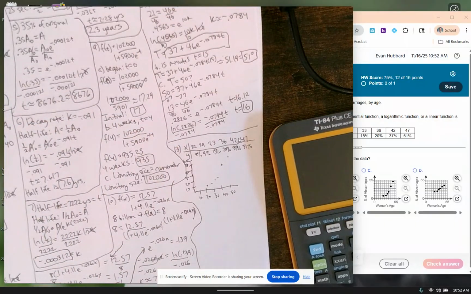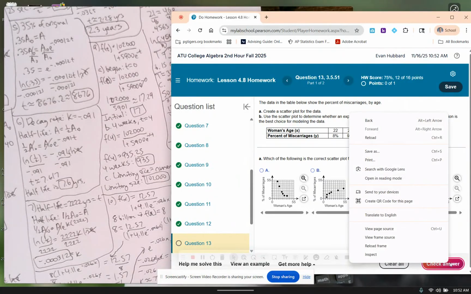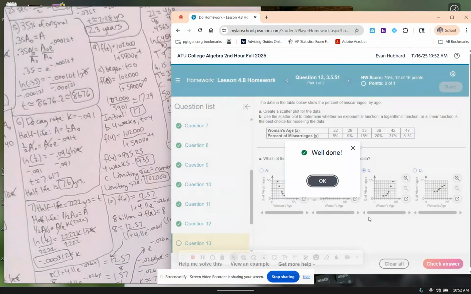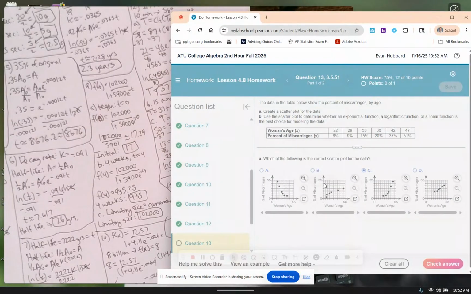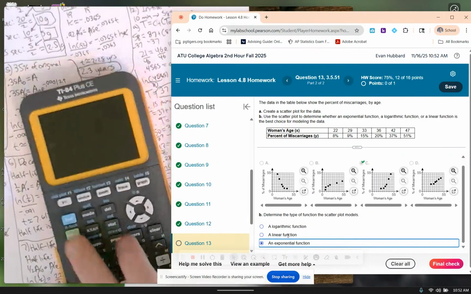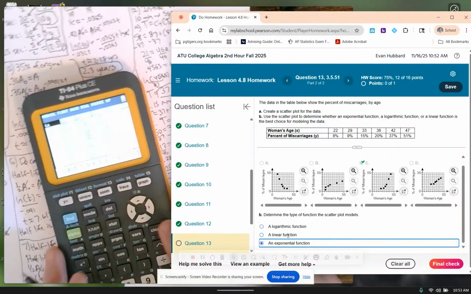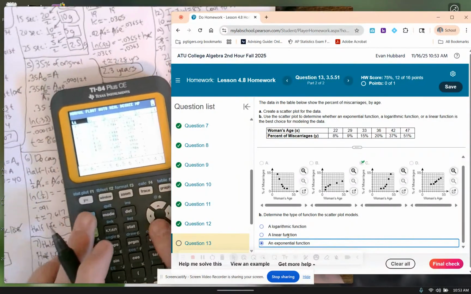Do I see anything matching that? Oh, looks like this one. It looks exponential to me. Exponential is one of the options, so it does have a little bit of an exponential feel to it. To formally prove this, though, what I need to do is go to stat, enter. I'm going to enter these in here.